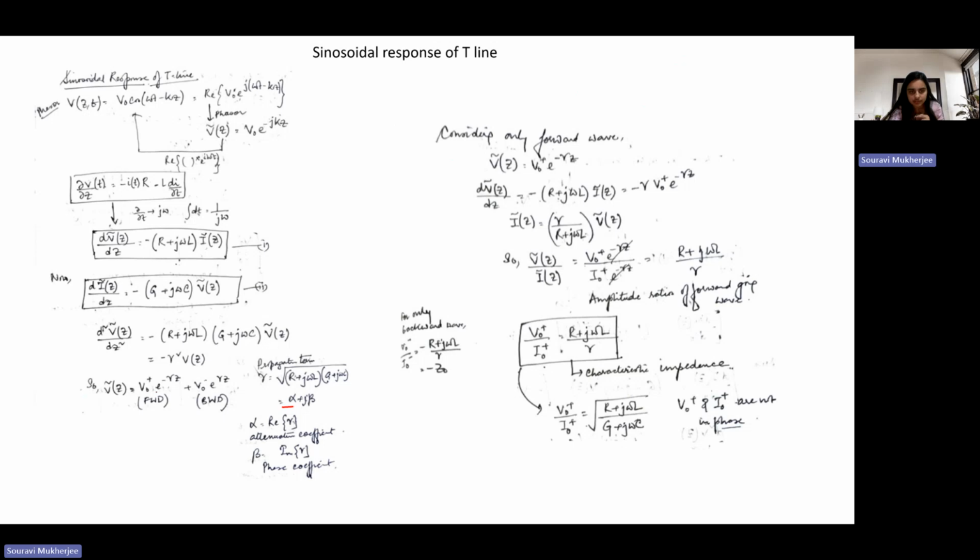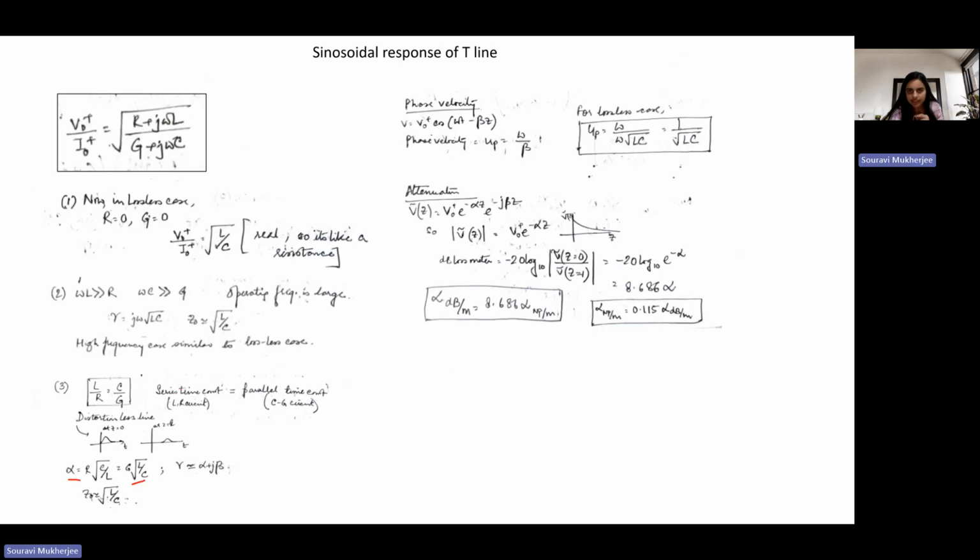So the wave takes the form of V naught plus e to the power minus j beta z. Then you can write the phase velocity as omega by beta. And what is beta? As you can see here, if alpha is 0, beta has this form, omega root over L by C. And so this is the ratio.